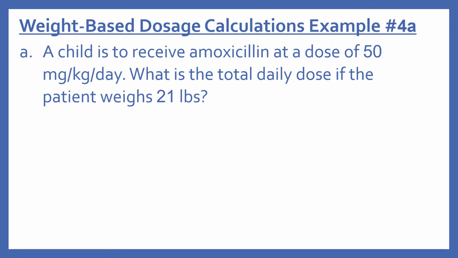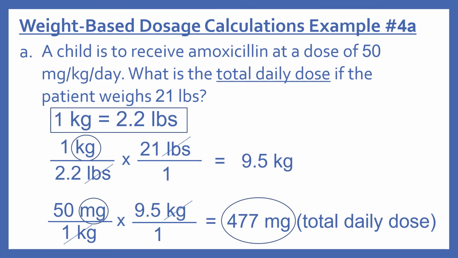So a child is to receive amoxicillin at a dose of 50 milligram per kilogram per day. What is the total daily dose if the patient weighs 21 pounds? So amoxicillin, that's an antibiotic in the penicillin class. We're dealing with it at a dose of 50 milligram per kilogram per day. So we're looking for the total daily dose if the patient weighs 21 pounds.